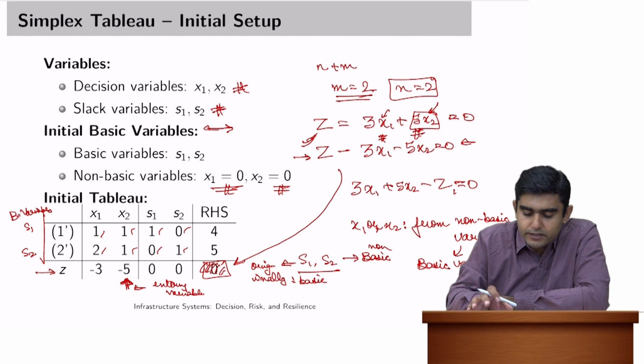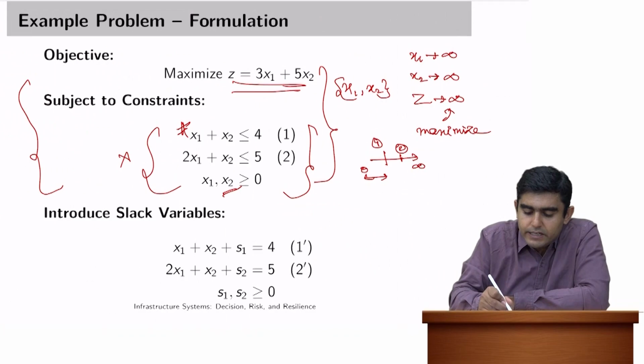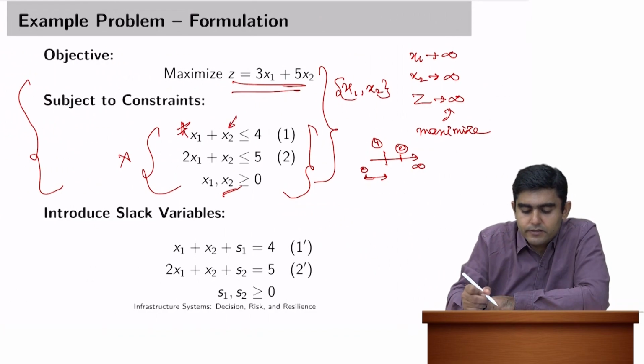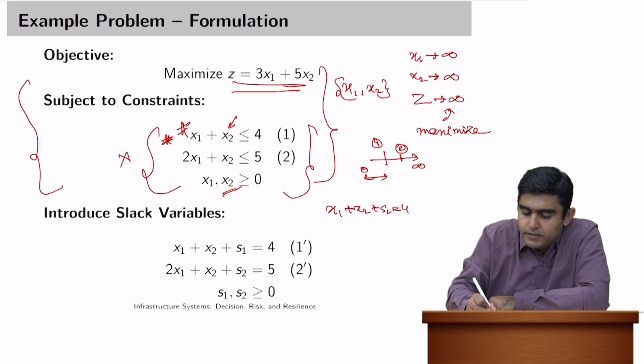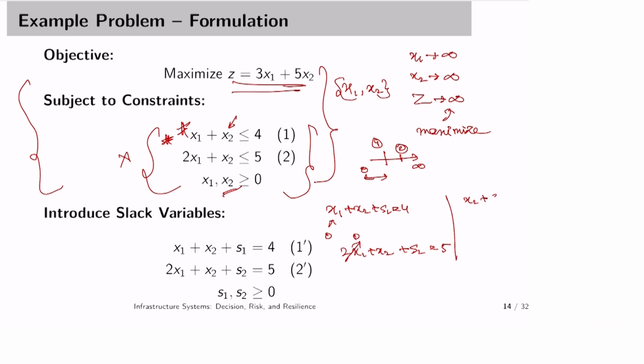So if I go back to my constraints, if I increase x2 first, in equation number 1, x1 plus x2 plus s1 equal to 4, x1 is 0. And in the second case, 2x1 plus x2 plus s2 equal to 5, x1 is also equal to 0. So this reduces to x2 plus s1 equal to 4 and x2 plus s2 equal to 5.